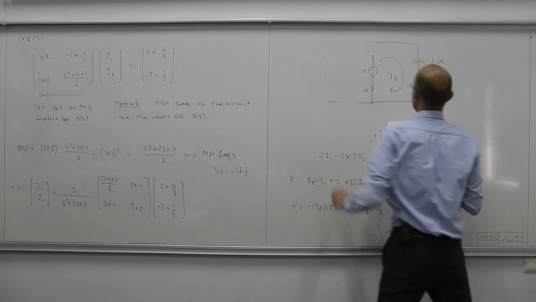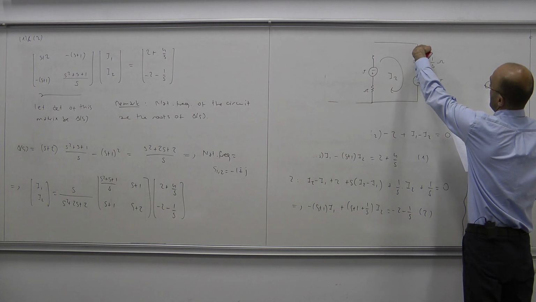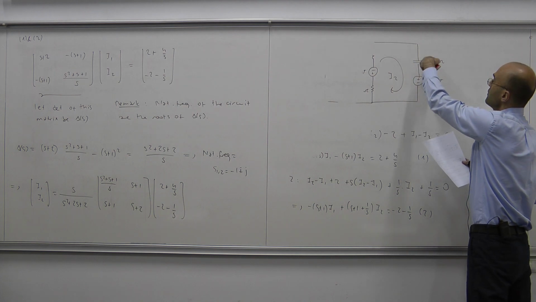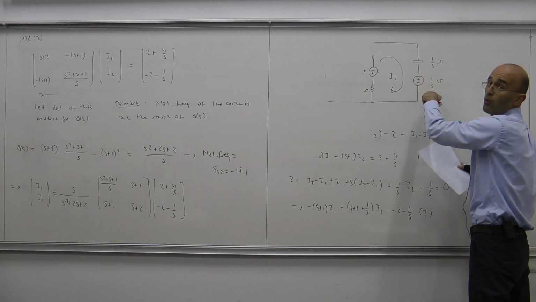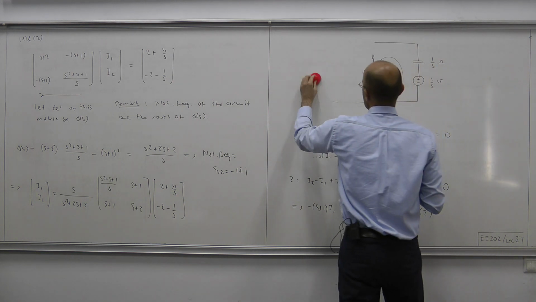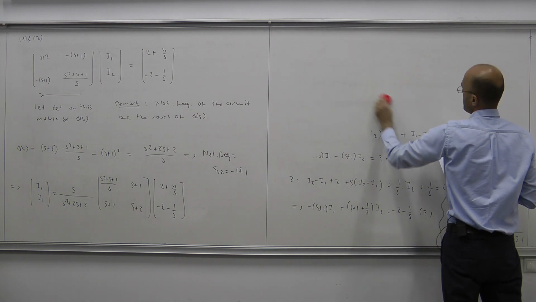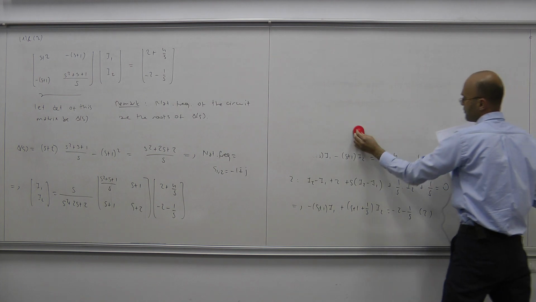And then once we have I2, I2 times this impedance 1 over S plus this voltage 1 over S produces Vc of S. So we will have obtained Vc of S, and then by computing its inverse Laplace transform, we figure out Vc of t.